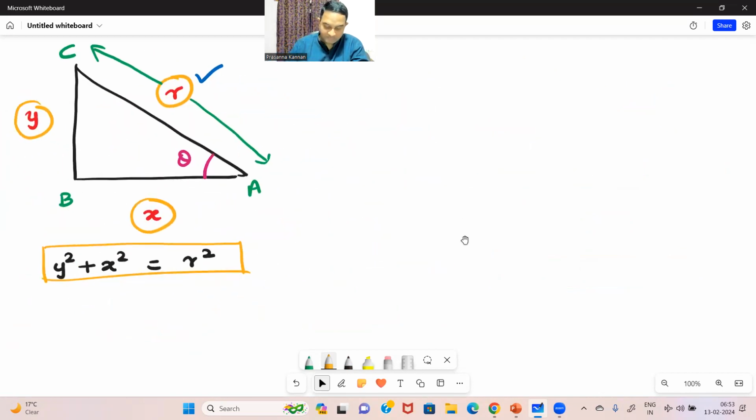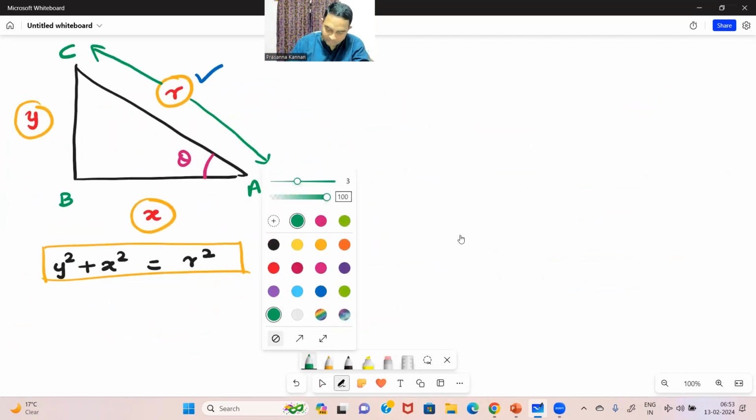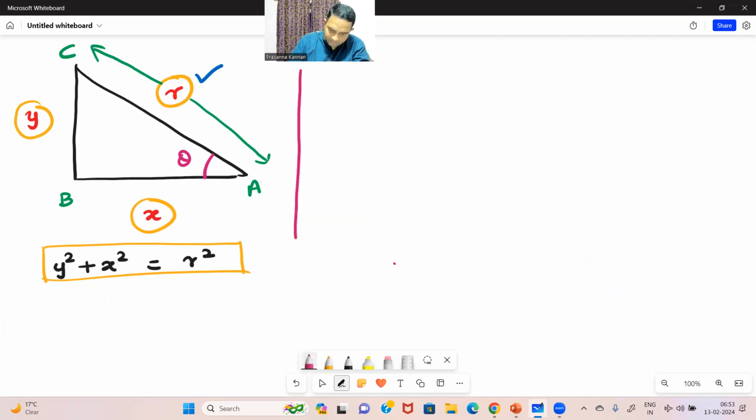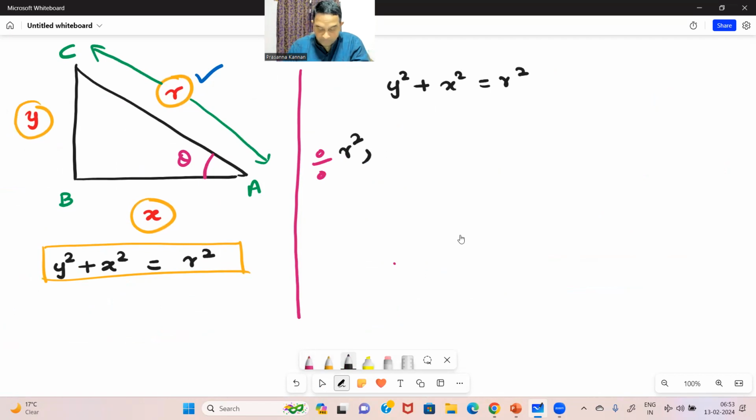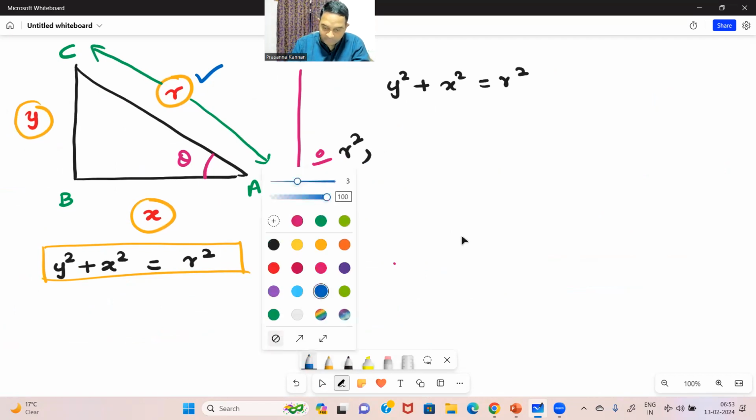Now what I will do is I'll divide by r square on both sides.